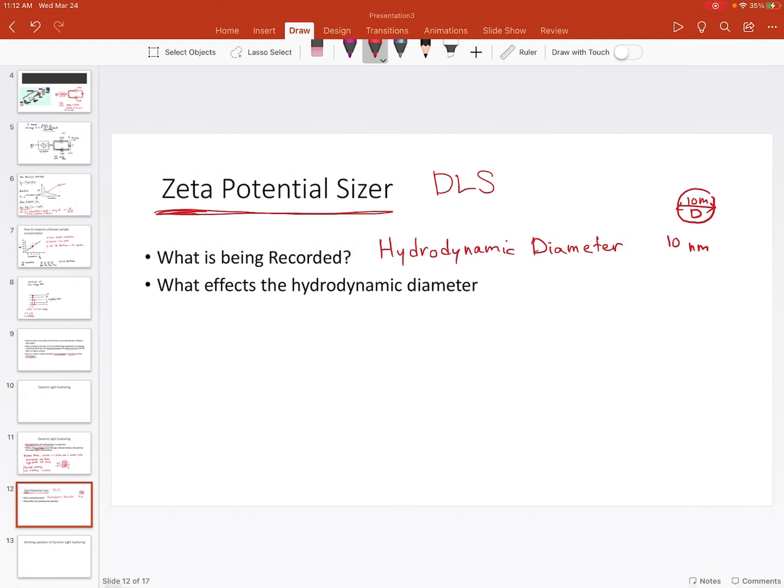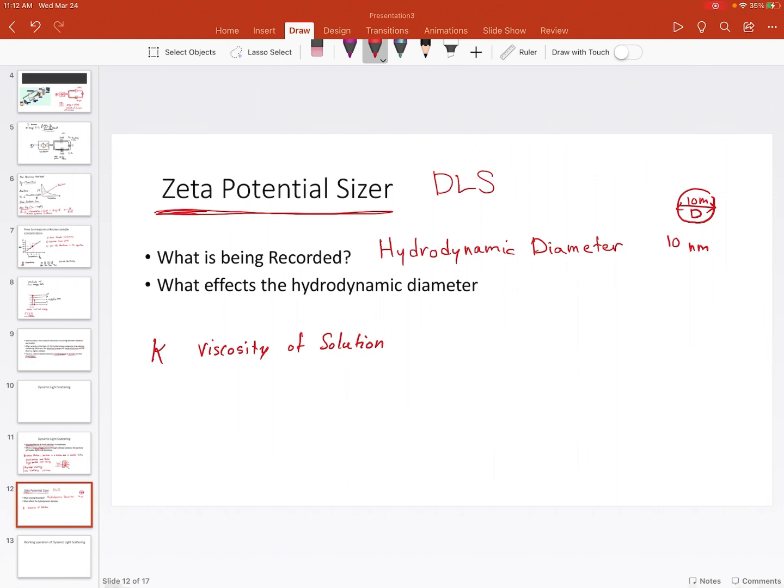There are several parameters that will affect the hydrodynamic diameter, and these parameters are included in the Stokes-Einstein equation. One of them is viscosity of the solution. This technique is based on the Brownian motion of particles.